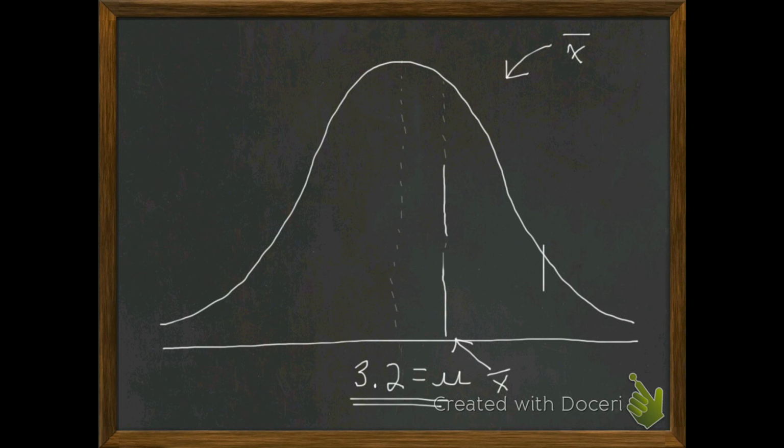Well, if we get something maybe right here, is that close? Well, it's not as close as this one, but it's certainly not as far away as one that we get way down here. So again, how do we determine close?